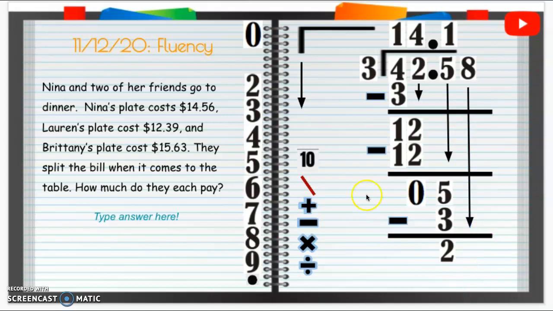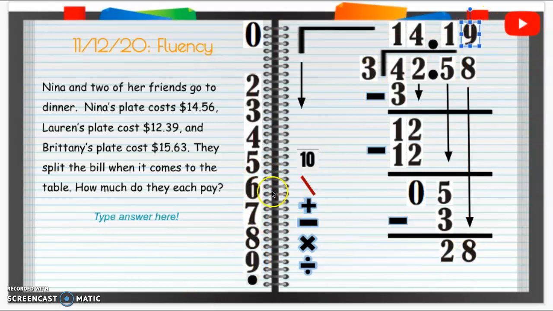All right, so 28. How many times can 3 go into 28? Well, I know that 3 times 9 is 27. So that's just under 28. So I'm going to put 9 here.